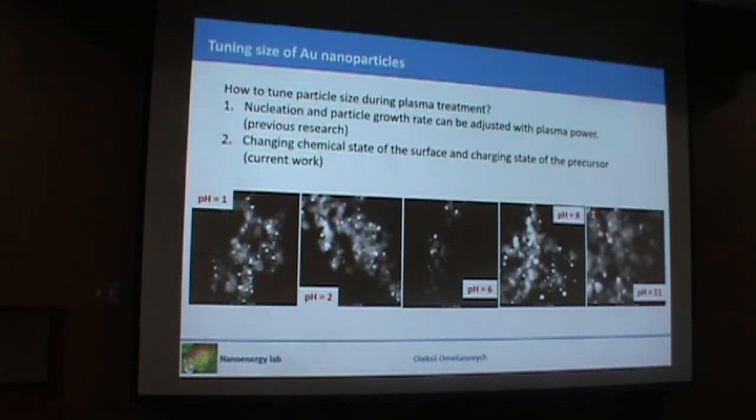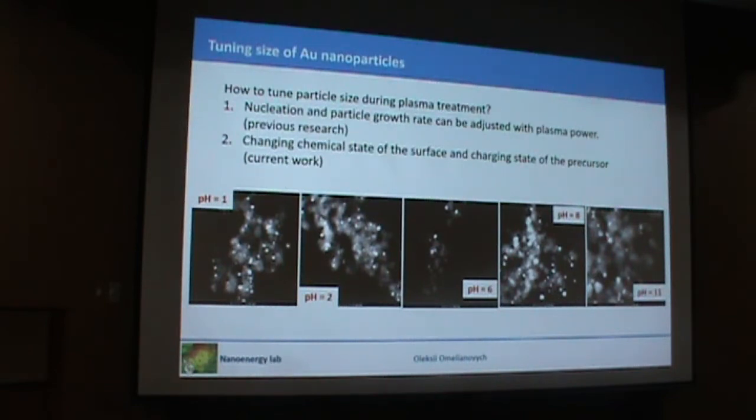For example, the nucleation and particle growth rates can be adjusted by changing the plasma power. That was a result of my previous research, and in my current work, I have investigated the effect of the pH of the precursor solution on the resulting morphology. And then I came to a certain trend.